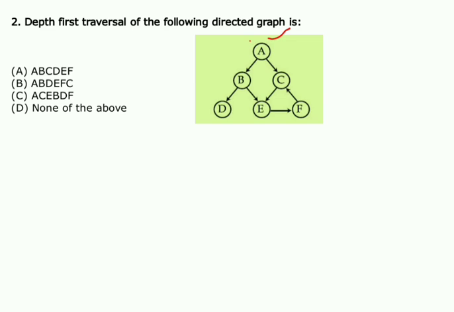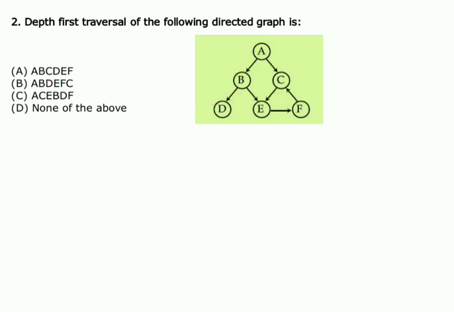Let us check the given options here. A, B, C, D, E, F. So first we are traversing A, next B, C and D, E, F. So it is searching level wise. So it is not DFS, it is a BFS traversal.